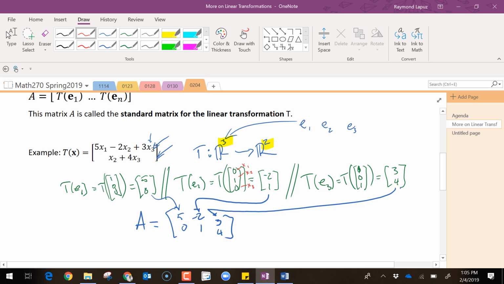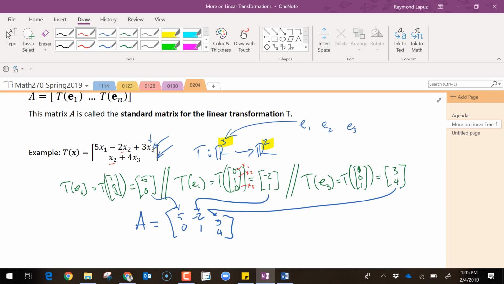And so when I do that, all I get is -2 and 1. Anything else? Any other questions? Because we already know how to do it. This just formalizes the way to find a matrix.